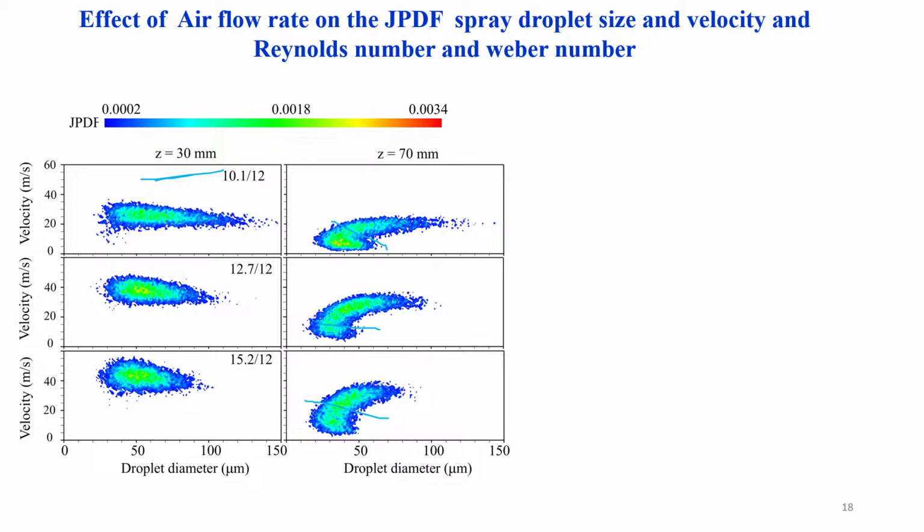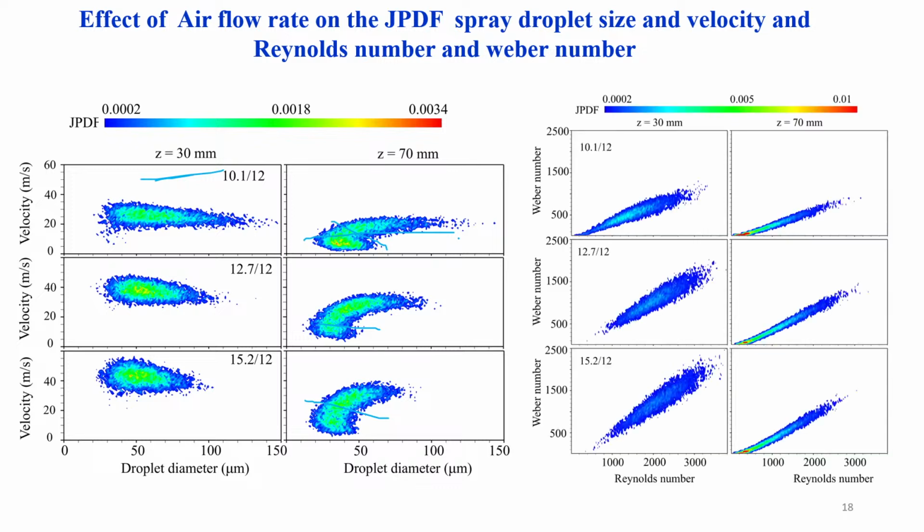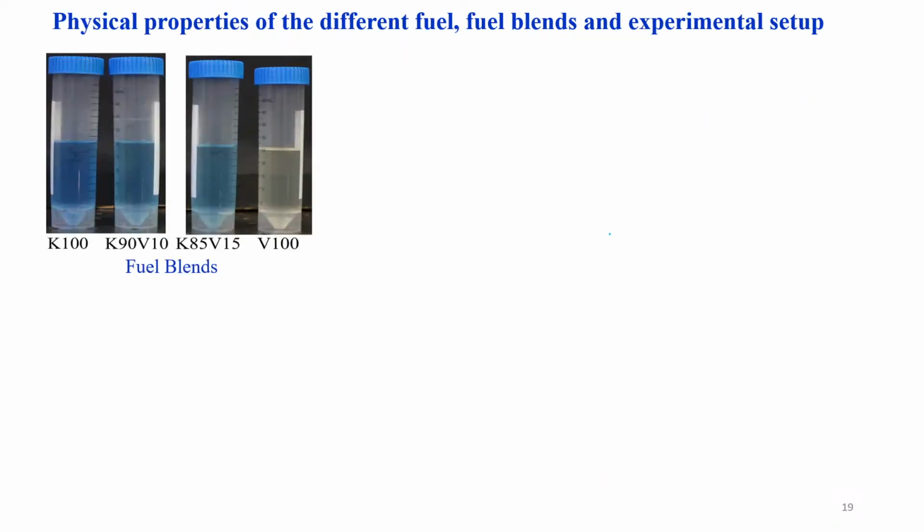That means we have two different velocities for the same group of droplet diameters. Similarly, we converted that into non-dimensional parameters such as Reynolds number and Weber number that we plotted.